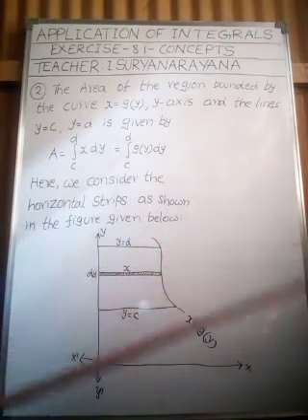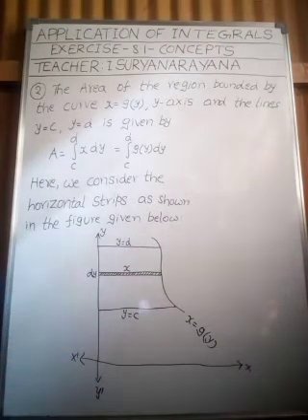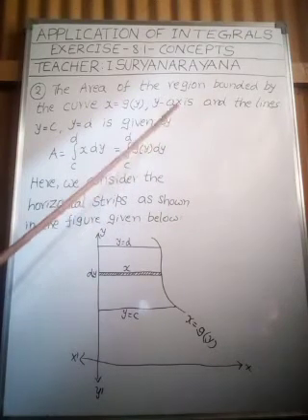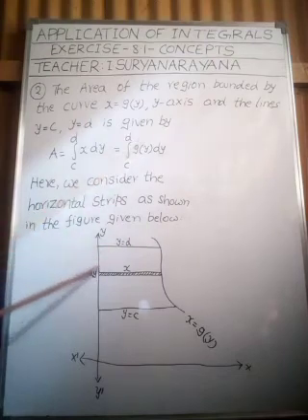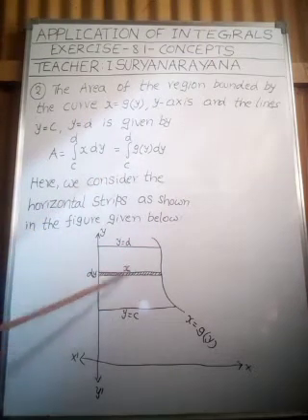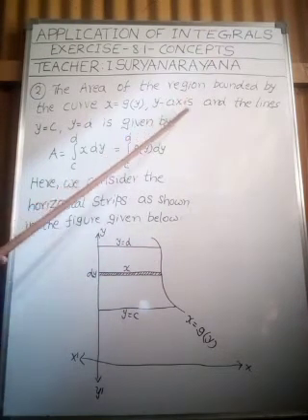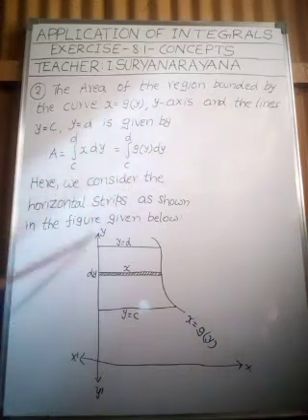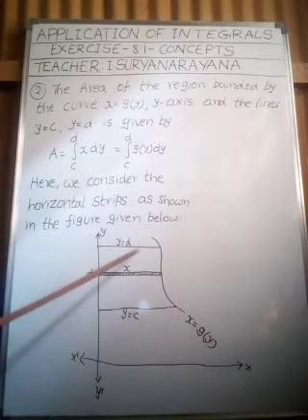In the previous point, we have taken the x-axis as base. On that base, the required region is standing on that x-axis. But here, the required region is on the y-axis, and the lines y is equal to c and y is equal to d.